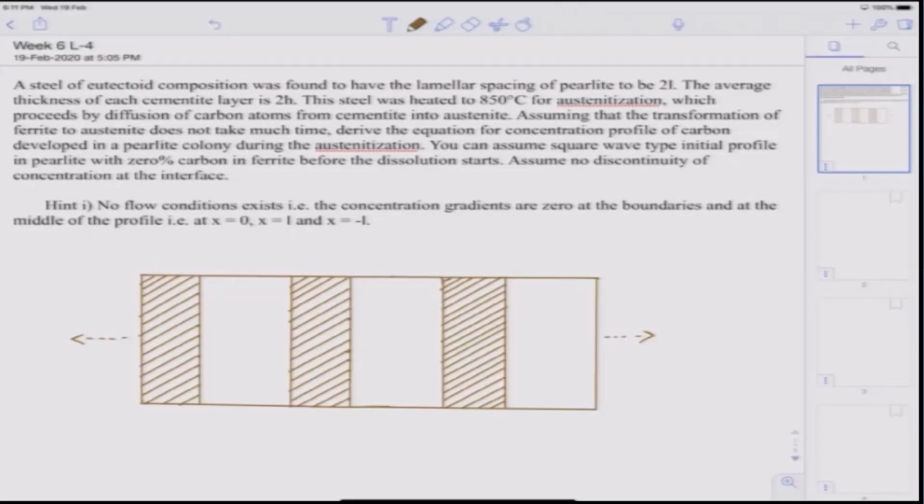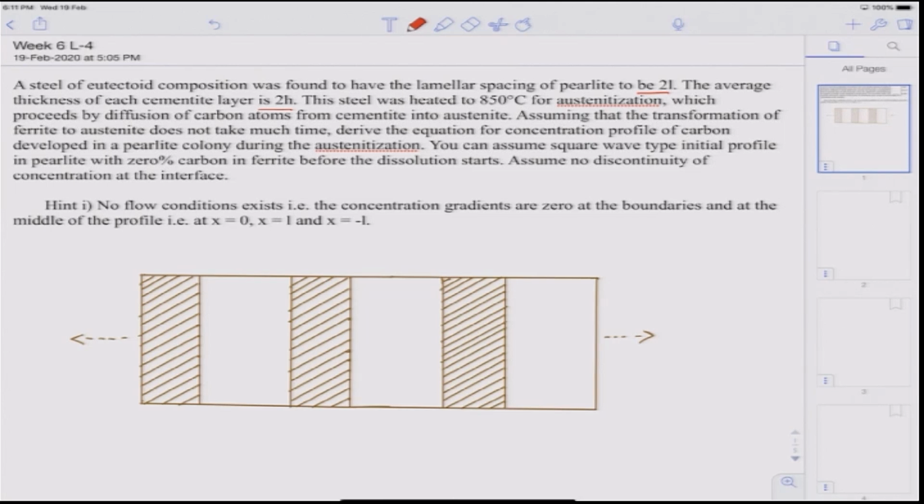So, the problem is: a steel of eutectoid composition was found to have the lamellar spacing of perlite to be 2L. So, the period here is 2L. The average thickness of each cementite layer is 2H. This steel was heated to 850 degree centigrade for austenitization, which proceeds by diffusion of carbon atoms from cementite into austenite.